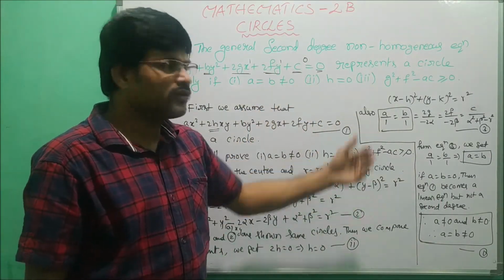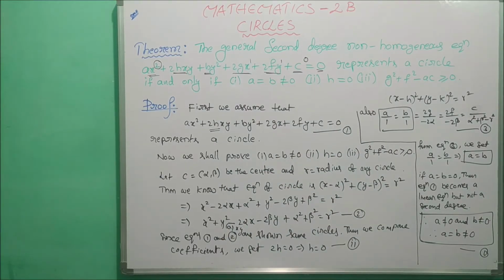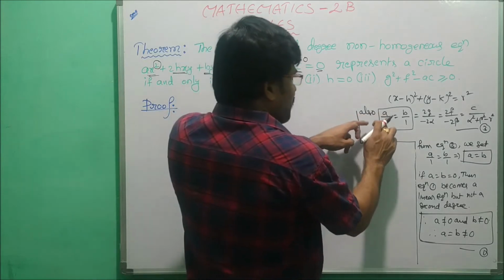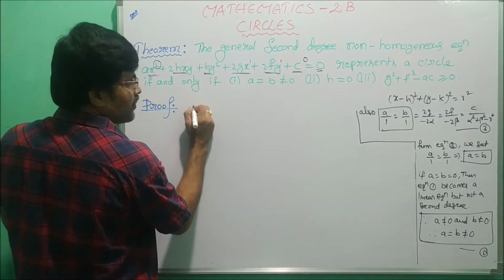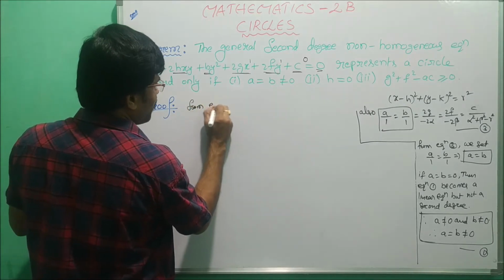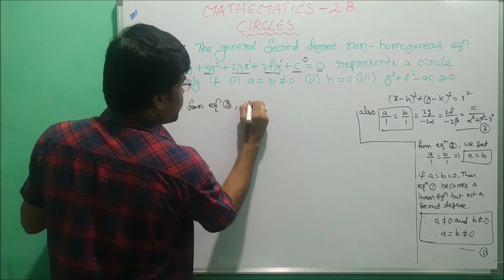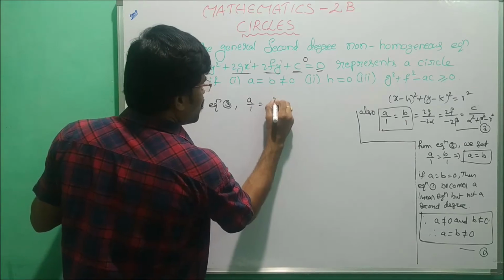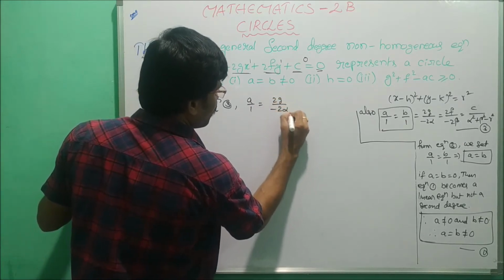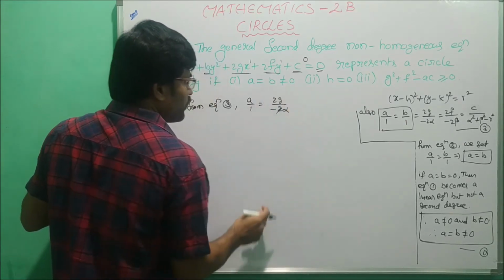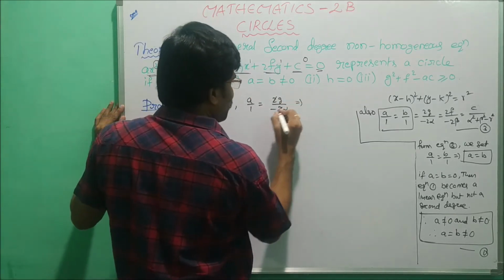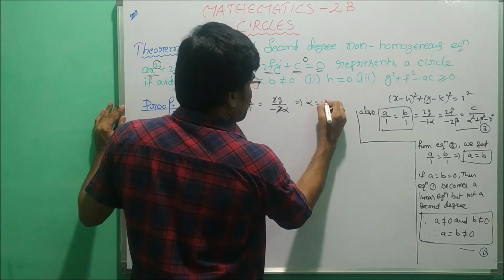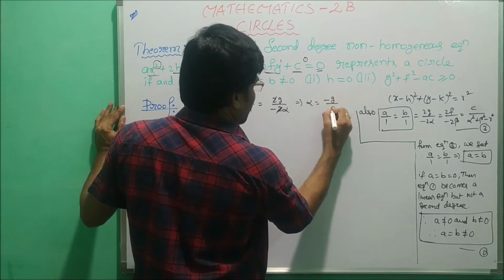Next we go to the third condition. Now here we take a by 1 equals 2g by minus 2 alpha, from equation 3. In both numerator and denominator 2 will be cancelled, which implies alpha equals minus g by a.